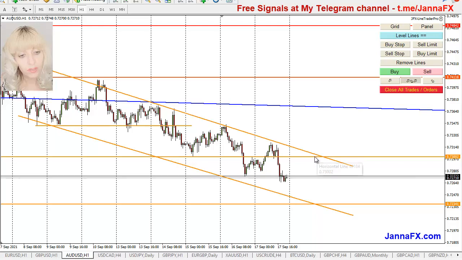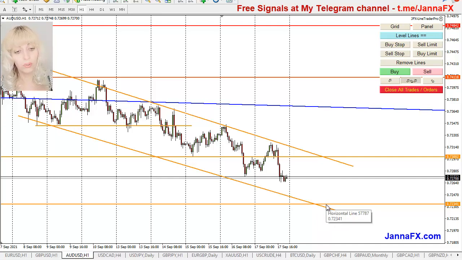It could be nice to place a buy pending order, because it was going down for so long, for that correction, right? So it might go up, and at the same time, if it will go here and I place my pending sell order, it would be a really nice distance to the next possible level, you see. So that's why I really do not want to go into anything here, but I really want this to go for a little bit of correction up.